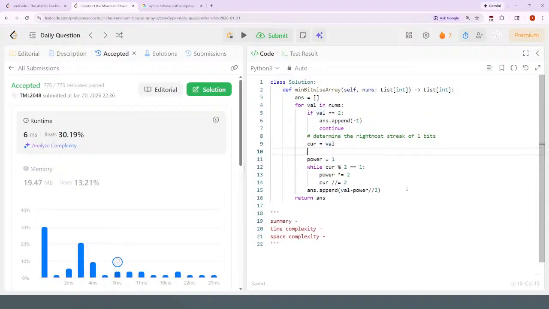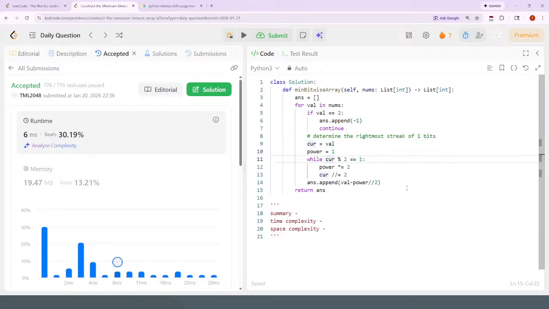Something like power equals 1, while current bitwise AND. I think bitwise AND is a single ampersand.